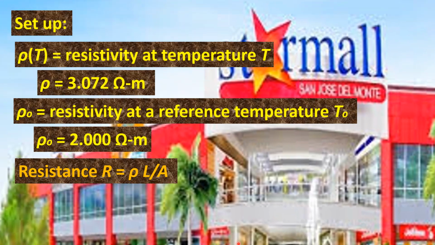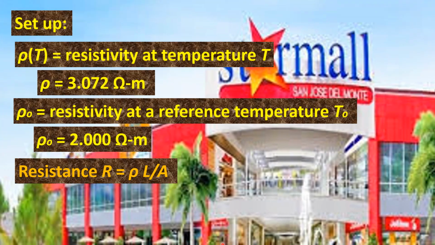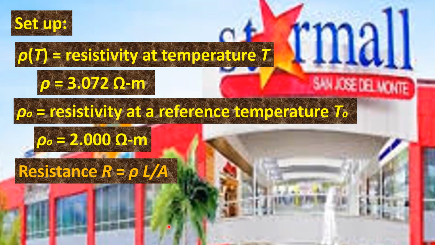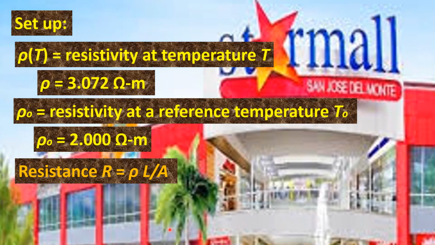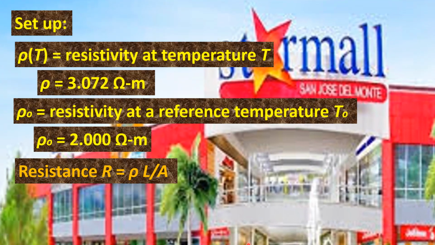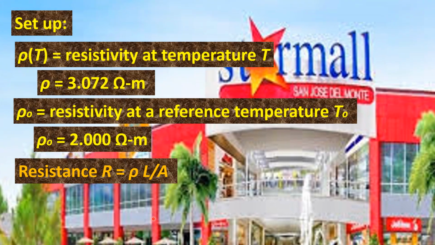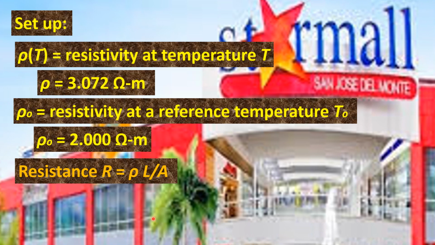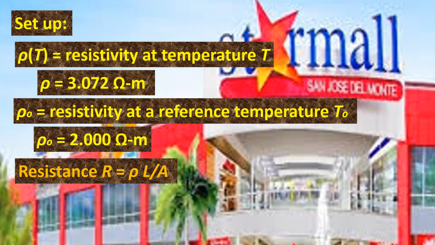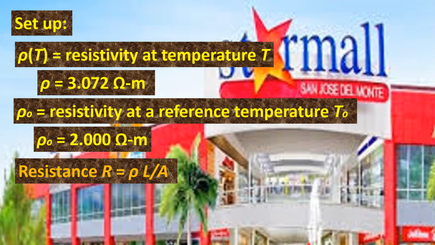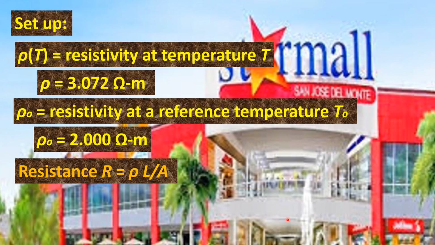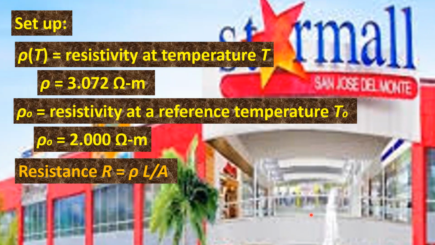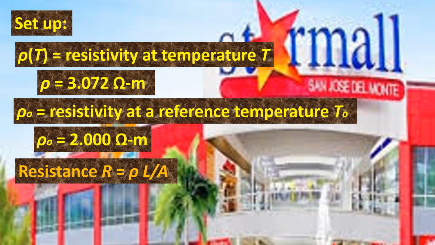When this given length of the platinum wire gets heated, we assume that there is no appreciable or significant change in its length, neither does its cross-sectional area change. So capital L over capital A is assumed to be constant.